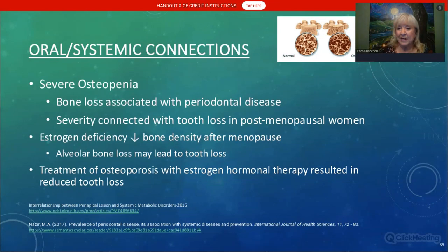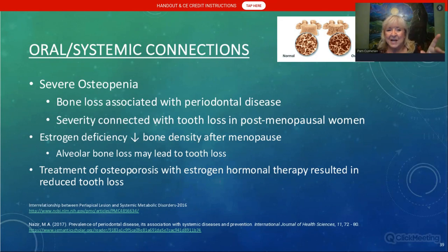Now, moving on from the brain to the bones. Severe osteopenia. It's bone loss associated with periodontal disease. You know, when a person has severe osteopenia or osteoporosis and, on top of that, periodontal disease, they're at a much higher rate of bone loss and tooth loss.